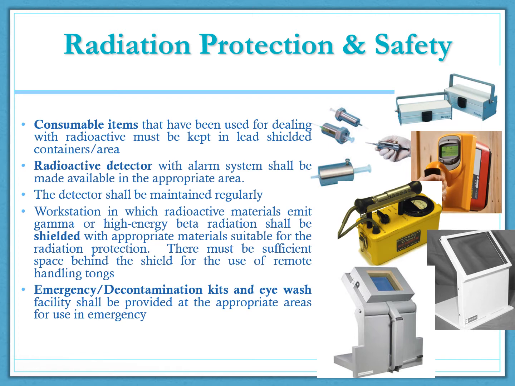A workstation in which a radioactive material emits gamma or high energy beta radiation shall be shielded with appropriate material suitable for radiation protection. So there must be sufficient space behind the shield for the use of remote handling tongs. An emergency or decontamination kit and eye wash facility should be provided at the appropriate areas for use in emergency.